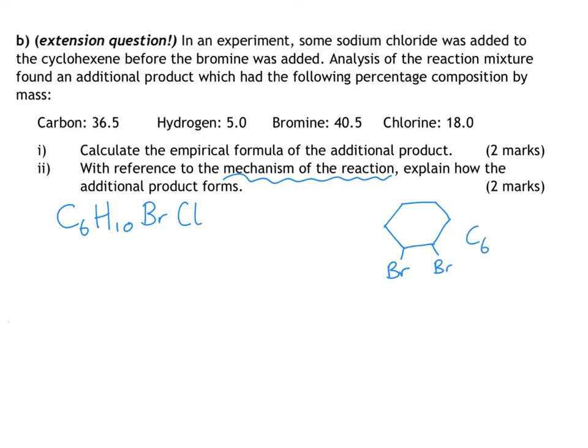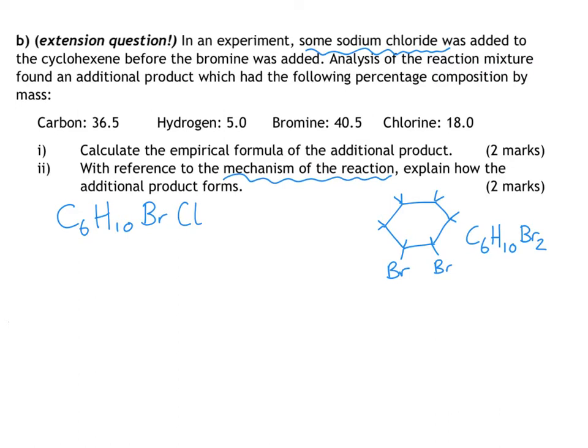In terms of number of hydrogens, if I go around and check, every carbon in the ring is going to have 2 hydrogens attached, except for the ones that have bromine. So I've got 8 there from those 4 carbons, and then there are 2 more. So this would be C6H10Br2. So the only difference is that one of the bromines has been replaced by a chlorine instead, and I'm told that sodium chloride is added to the cyclohexene.